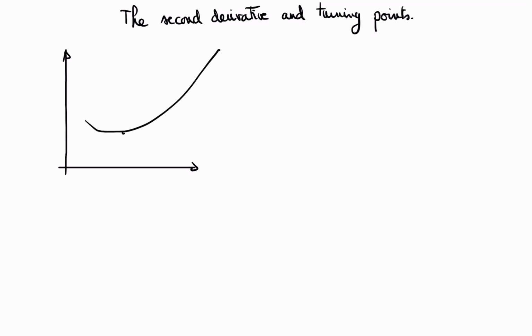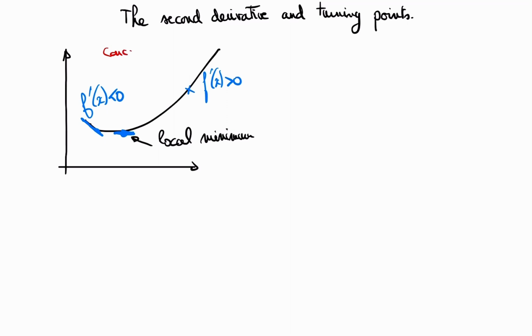So here we have a local minimum, and here the derivative is negative, whereas here it's positive, and here it's equal to 0 at the turning point, and it's concave up. So basically the second derivative is positive.